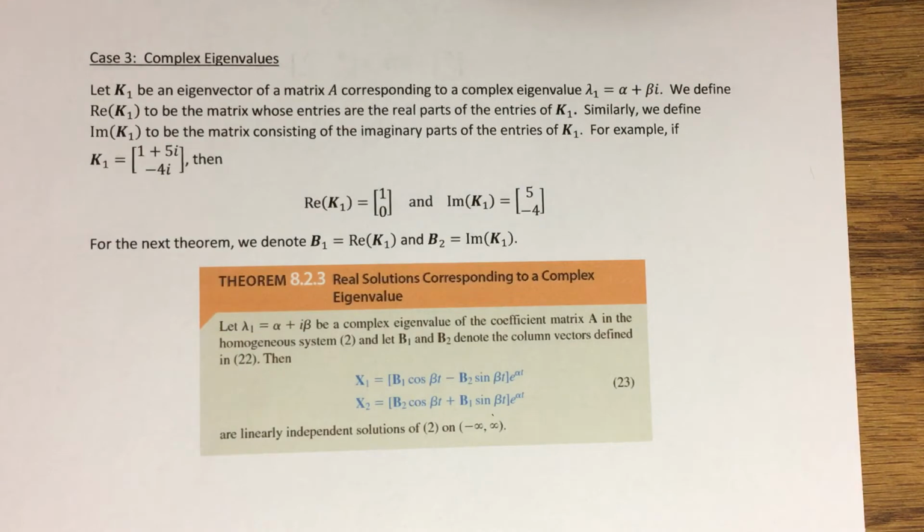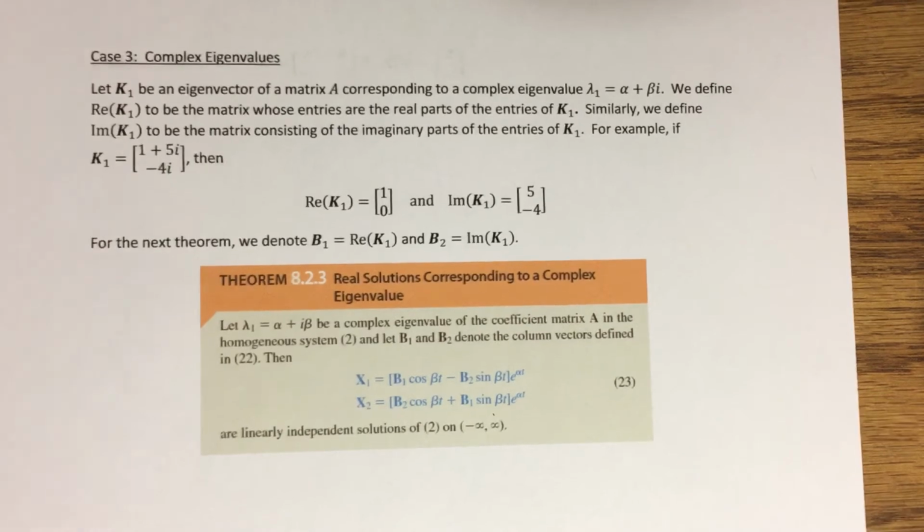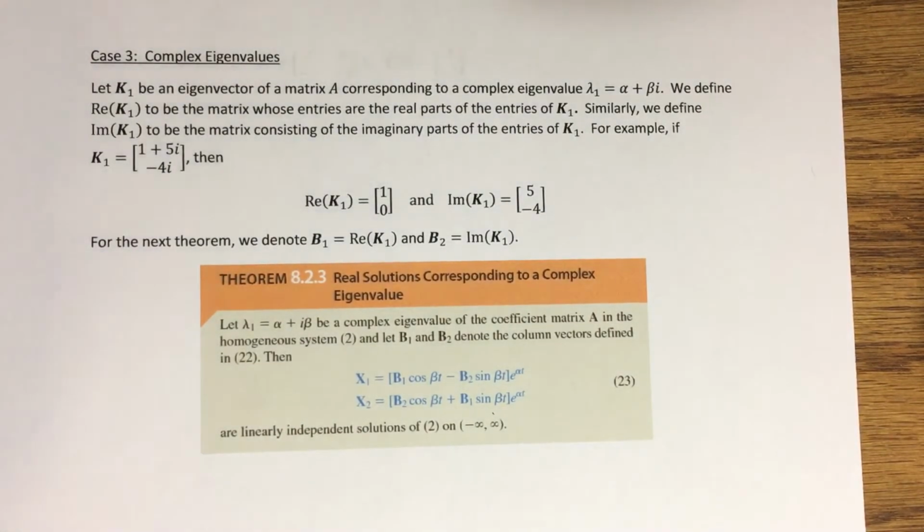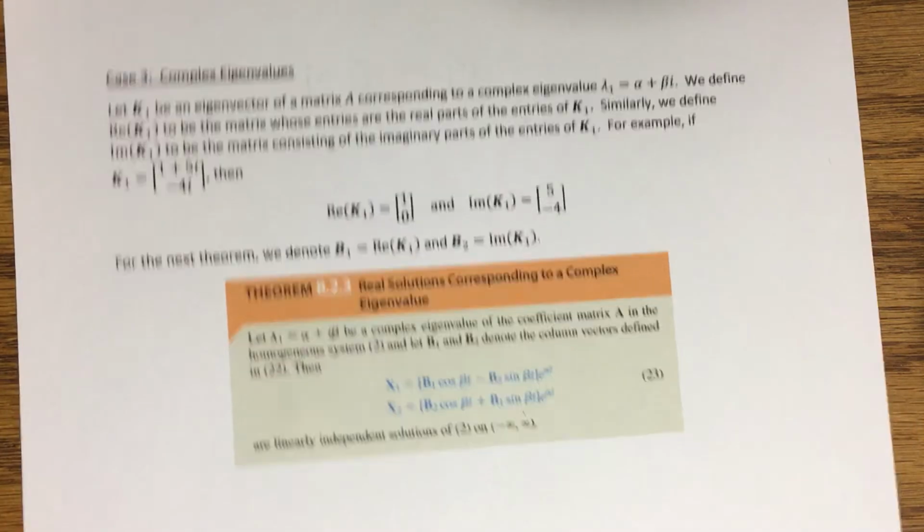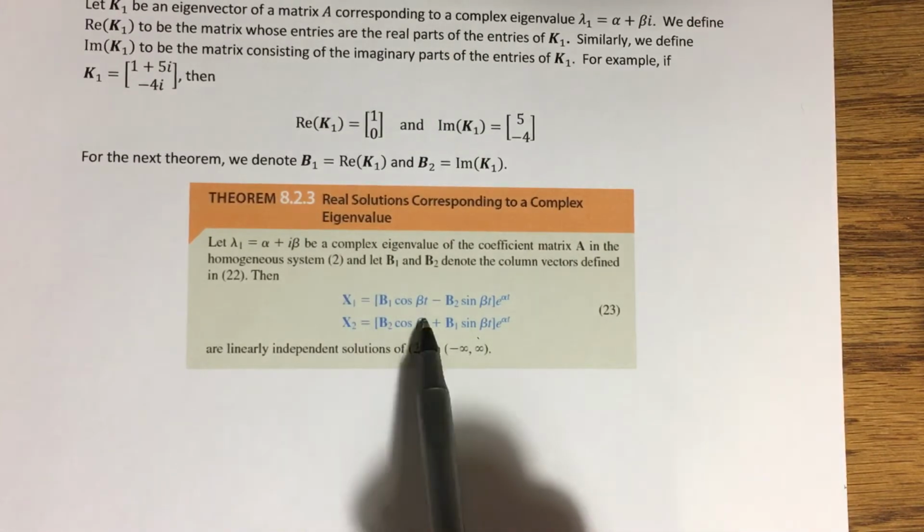But also, the argument itself is essentially the same argument that we made for complex solutions to your auxiliary equation back in section 4.3. Way back then, when we weren't talking about systems of equations, we were talking about homogeneous linear equations with constant coefficients. We talked about how if your auxiliary equation has complex solutions, there's a whole argument you can go through to show that your solutions will take a form similar to what we're seeing here.